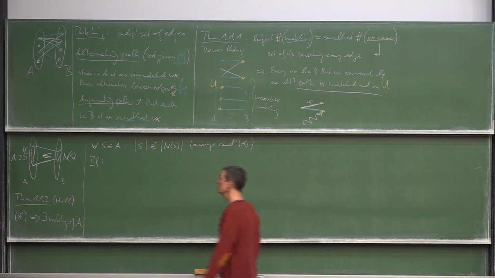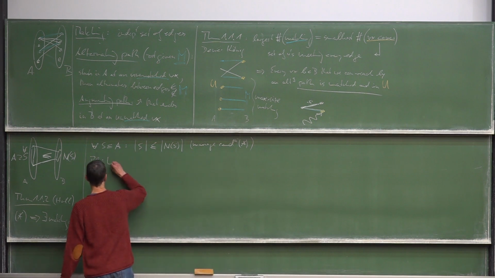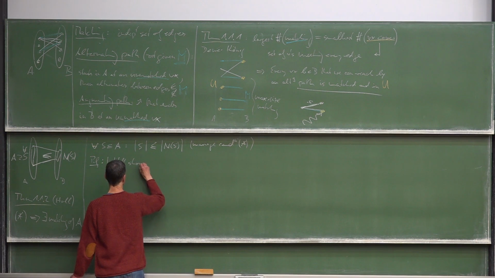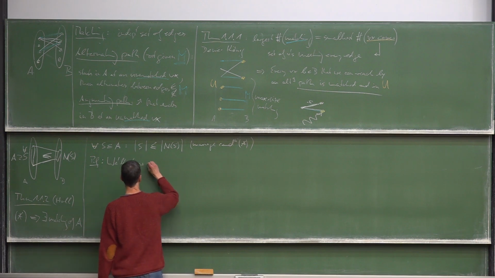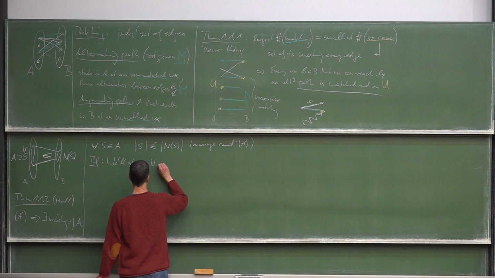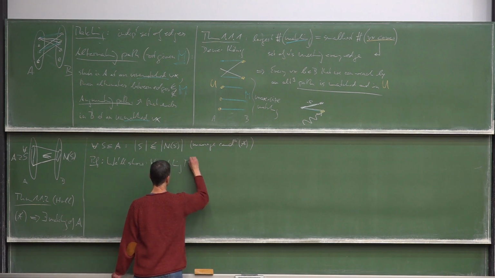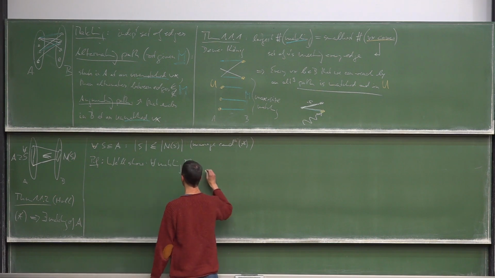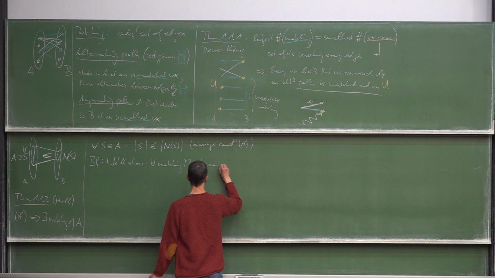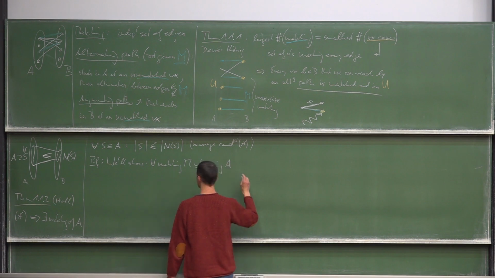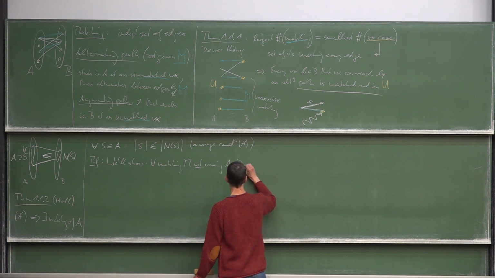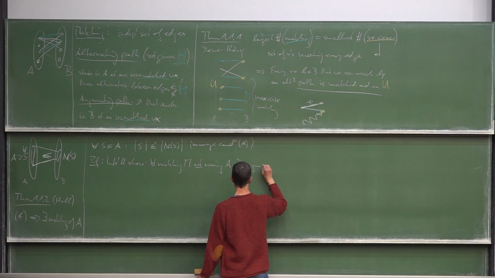So we'll show that for any matching not covering A, there exists an augmenting path.